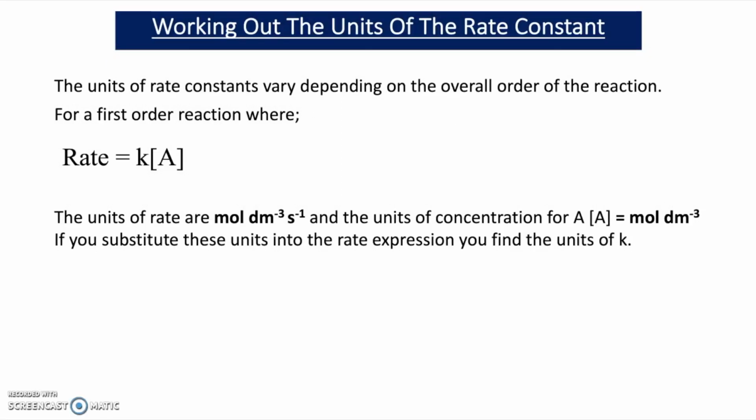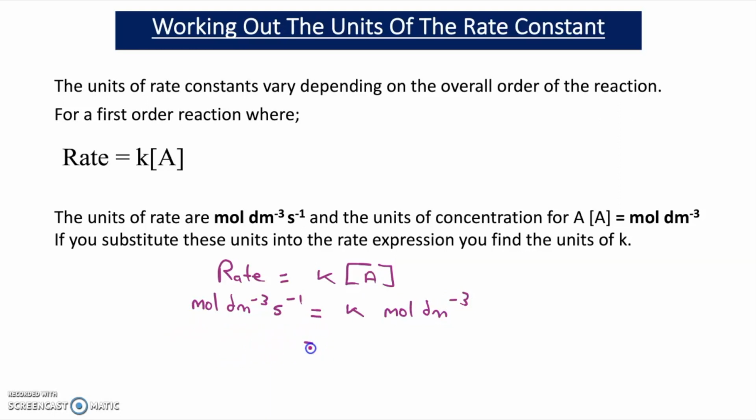And the units of concentration for A would just be moles per decimeter cubed. Now if we substitute these units into the rate equation, you can find the units of k. So rate is measured in moles per decimeter cubed, seconds to the minus 1, and that would be equal to k times the concentration of A, which is measured in moles per decimeter cubed.